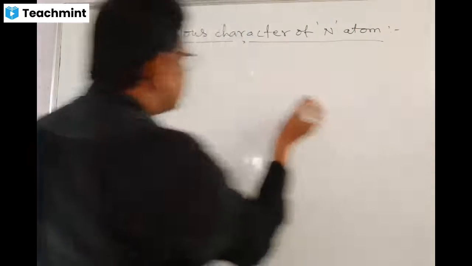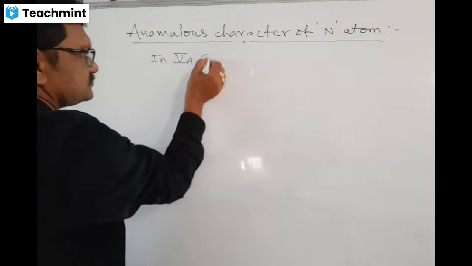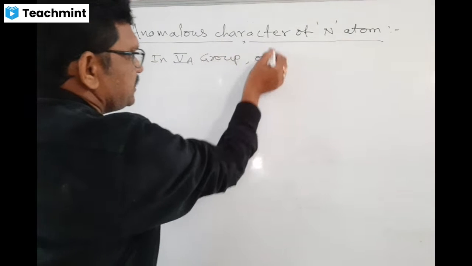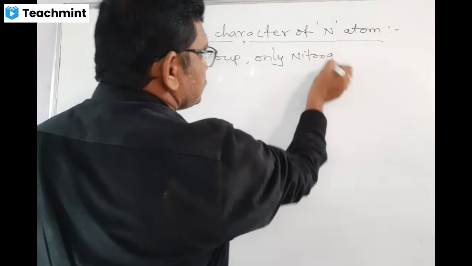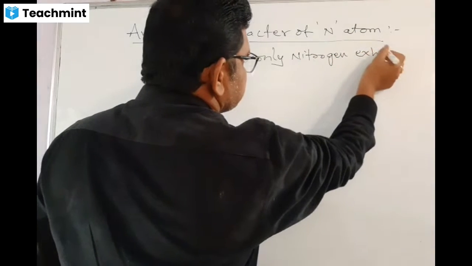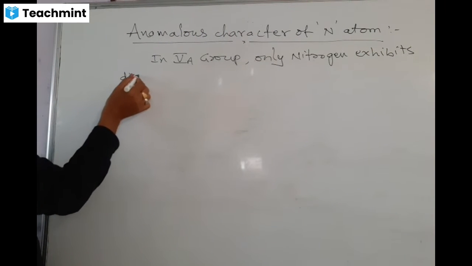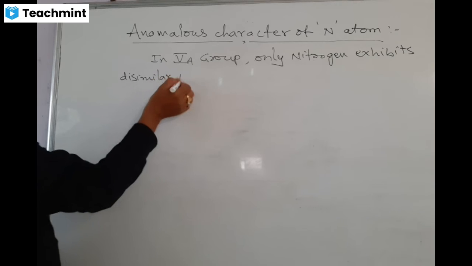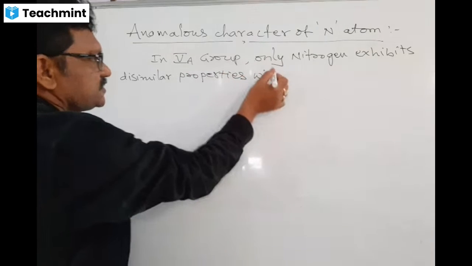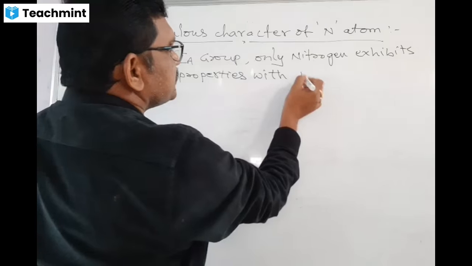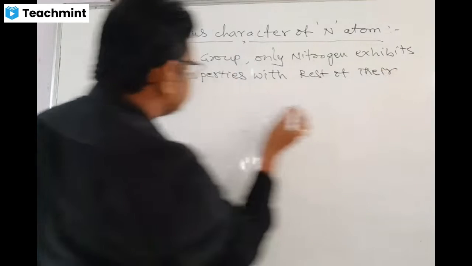In the fifth A group, only nitrogen exhibits dissimilar properties with the rest of the elements.